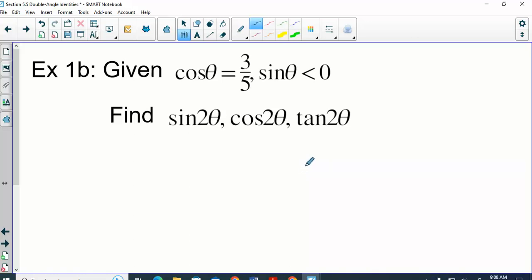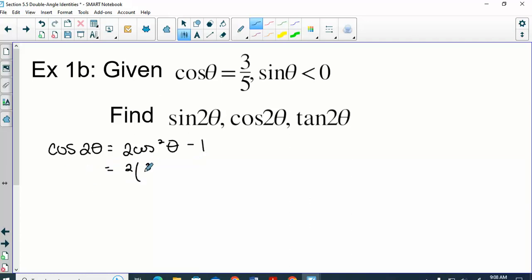So cosine 2 theta equals cosine squared theta minus sine squared theta. Okay, and then set up the triangle from the back side. I just want to talk about using one of the other formulas. We're going to need to find the sine anyway, so it's not a big deal. But we have cosine theta. You could choose to just do the 2 cosine squared theta minus 1 formula, just to use a different formula than we did last time. We'll get the same answer.